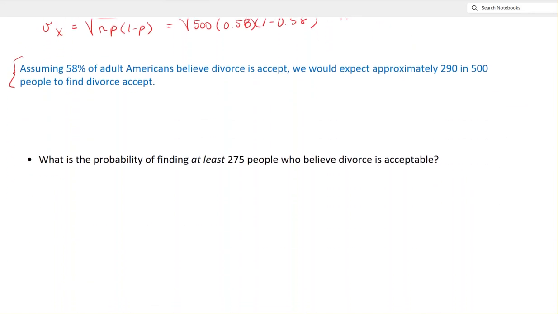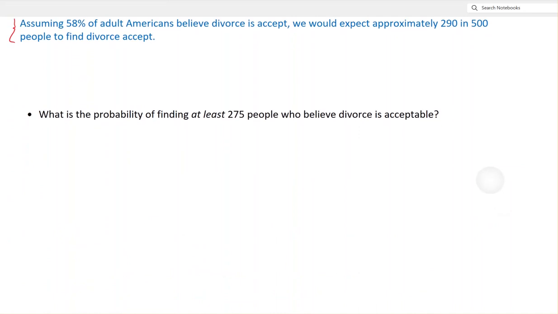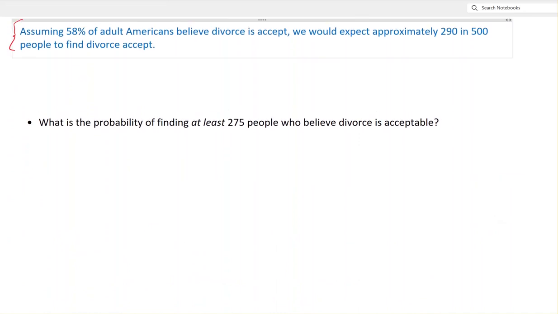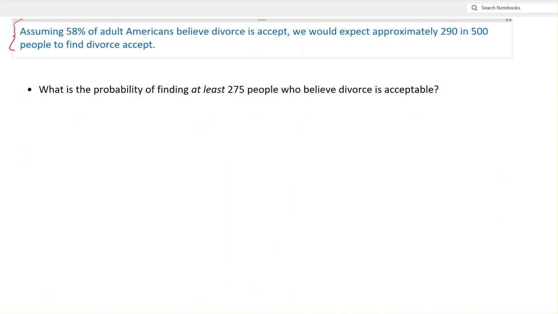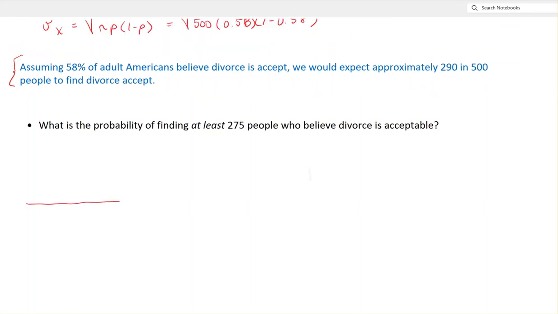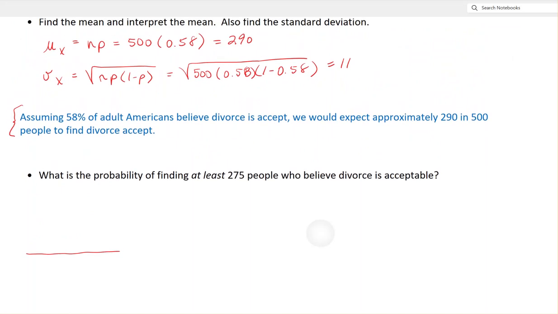Now, the second thing that we want to do is calculate the probability of finding at least 275 people who believe divorce is acceptable. Well, before we go into that calculation, I want to first back up for just a moment. We were just calculating mean and standard deviation.